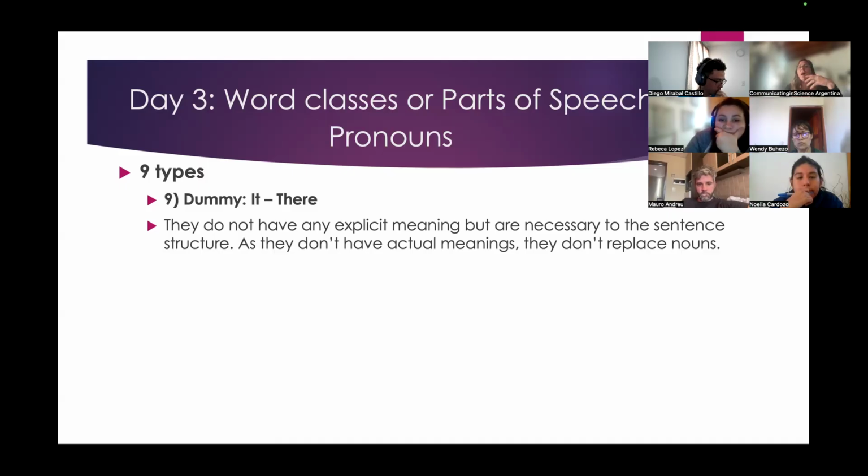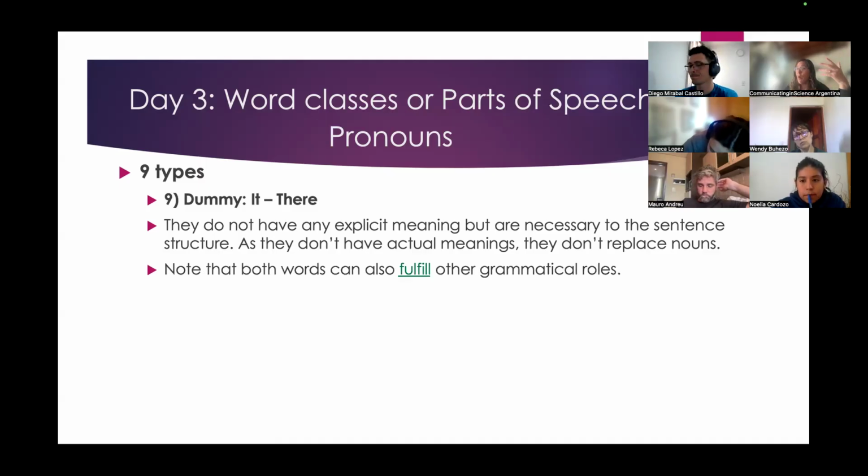So they can have other functions, but in this case, we are going to look at them as dummy pronouns. Dummy means fake, falso. So they don't have any explicit meaning. They are not translated, but they are necessary to the sentence structure. Remember, we talked a little bit about this yesterday. As they don't have actual meanings, they don't replace nouns, but they fill a function in the sentence.